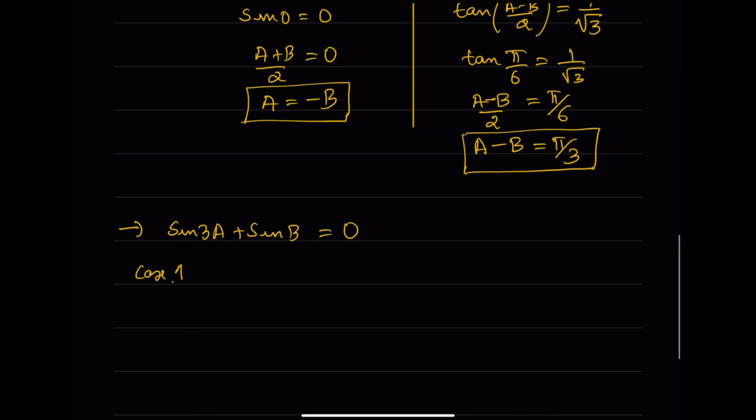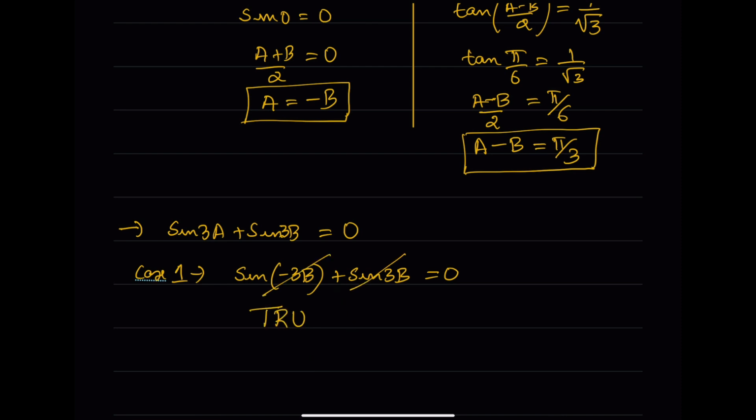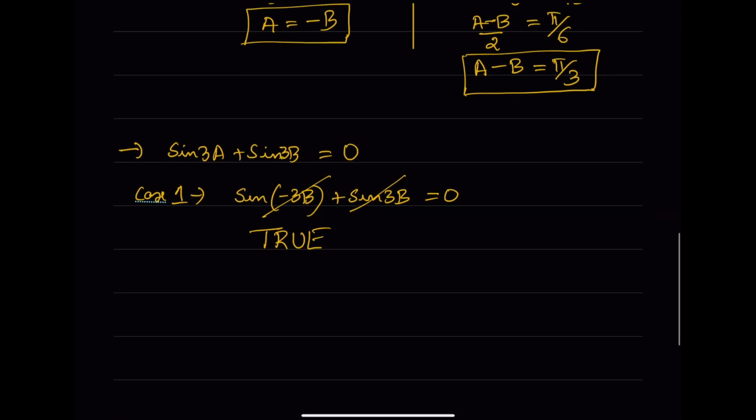So in case number 1, let's apply A is equal to minus B. So this will be sin of minus 3B plus sin 3B is equal to 0, and sin of minus x is minus sin x, so we can cancel this out, and this equation is true for case number 1. Correct? Now let's try case number 2.